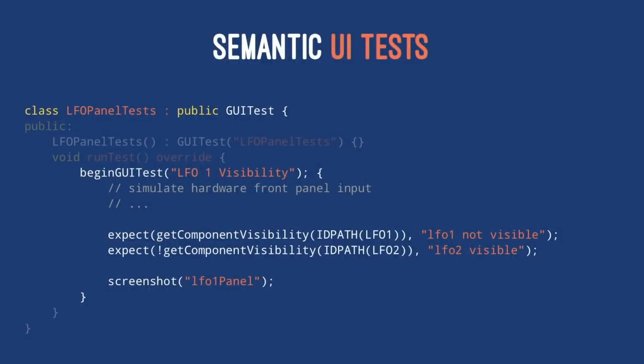And so we extended JUCE's unit testing system to be able to write GUI tests quite conveniently. This is really shortened, but the flow is, as Amos says, we decided to use OSC as a protocol to communicate with the hardware and the actual UI.